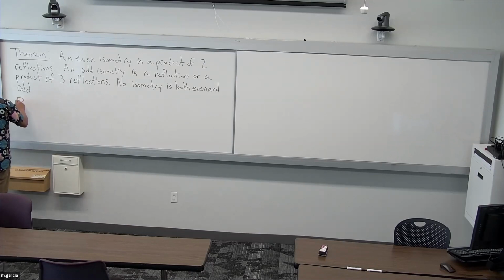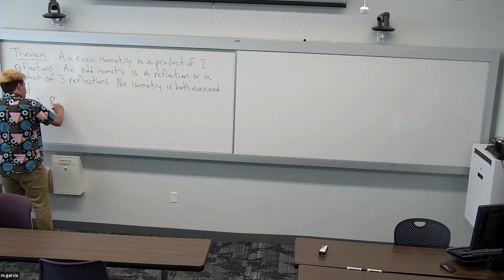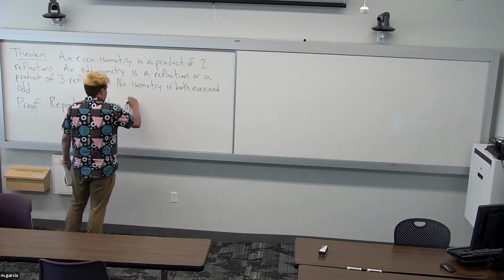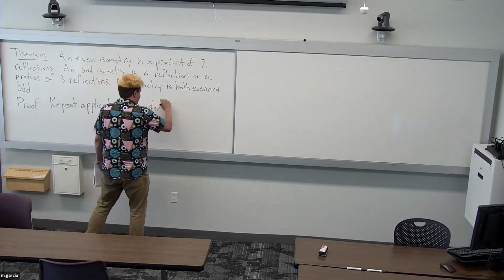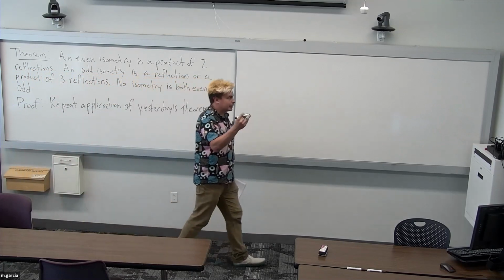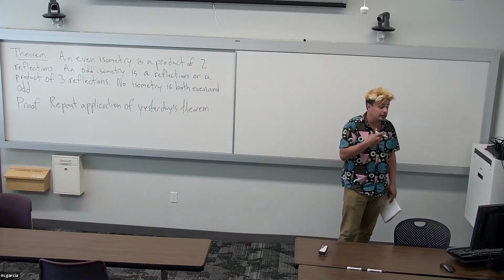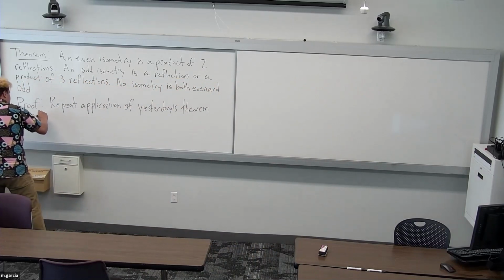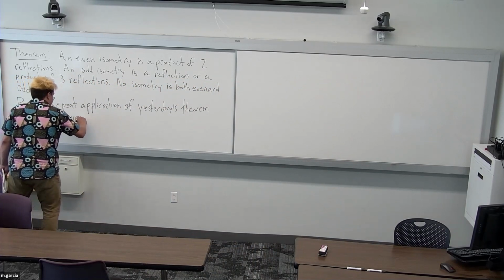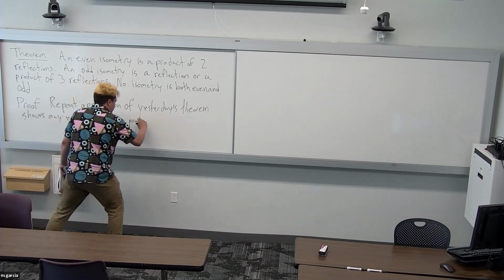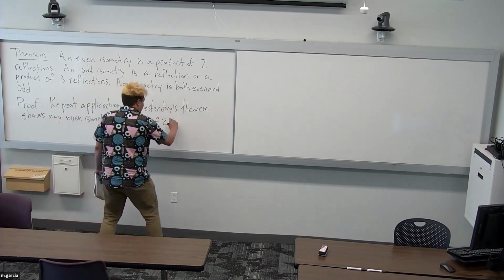Okay, so here's the proof. Repeated application of yesterday's theorem, that is, a product of 4 reflections can be expressed as a product of 2 reflections always, shows any even isometry is a product of 2 reflections.